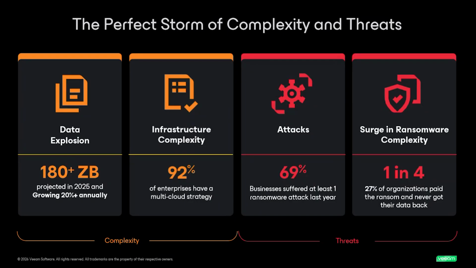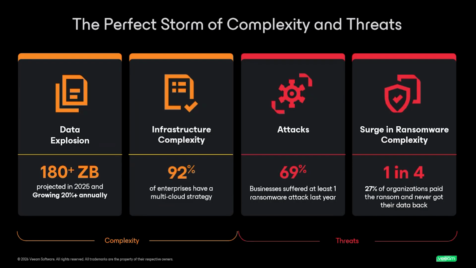We find that a lot of customers are moving between various hypervisors. They might be on VMware today, but then they want to move off VMware to a different hypervisor. It could be Proxmox, Nutanix AHV, or HPE Morpheus, for argument's sake.